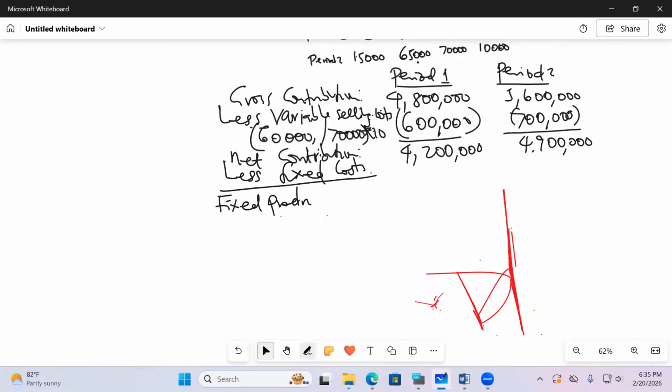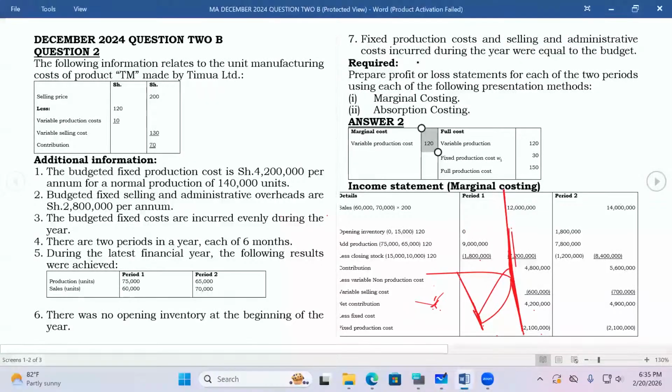All right. So then we have here fixed production. We are told in the question from note number 1 that the budgeted fixed production cost was 4.2 million for a whole year, right? Remember marginal costing, we take them periodically. We have 2 periods, and each period has 6 months.